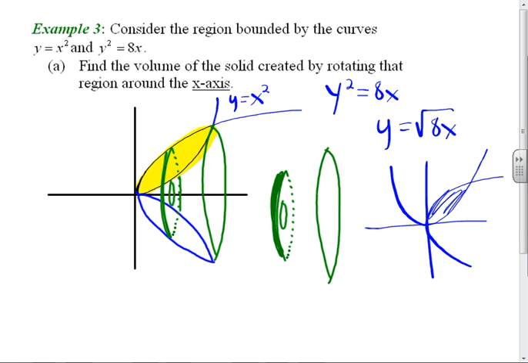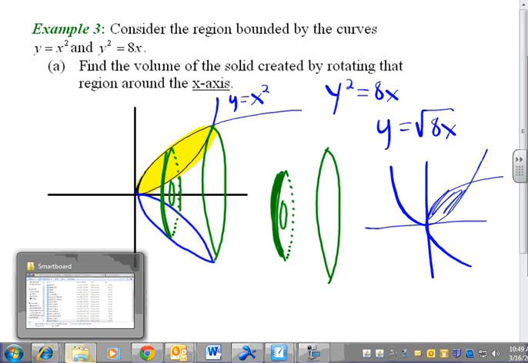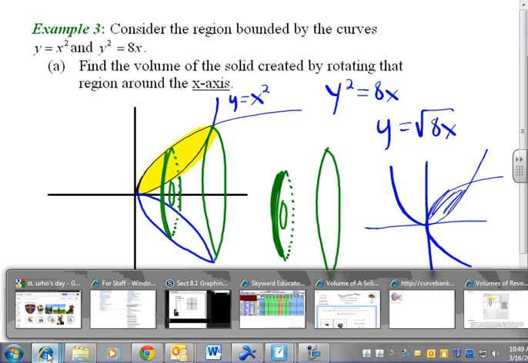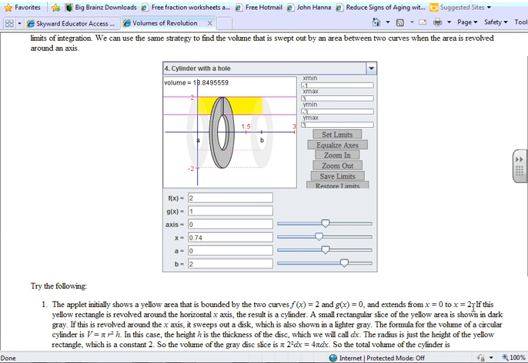It's going to have a hole in the middle. So let's go back and see if I can find that video. This one. It's a washer. That's what this is. It's a washer.